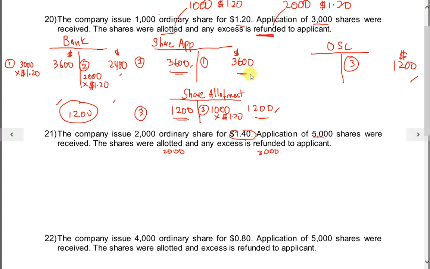So step 1, today, the deadline, I receive applications from all the applicants. Number 1, application received is 5,000 shares at $1.40, so debit bank 7,000, credit share application.